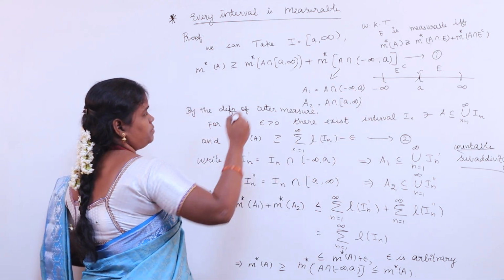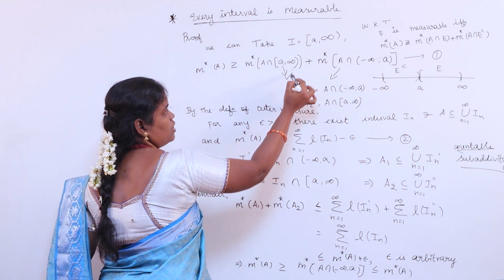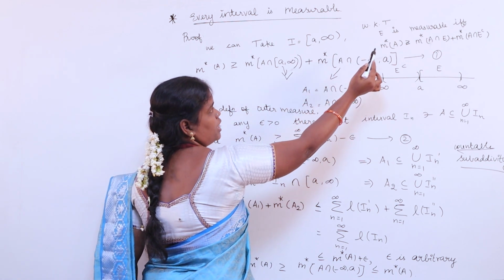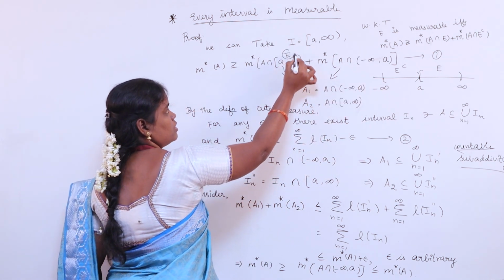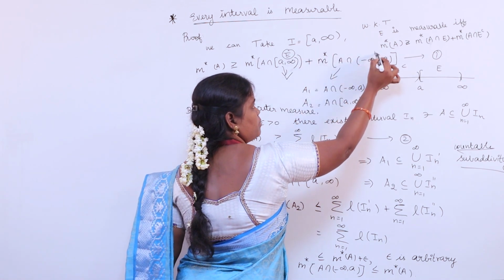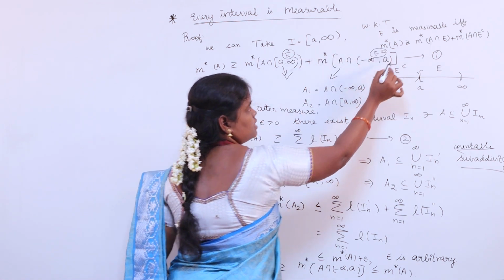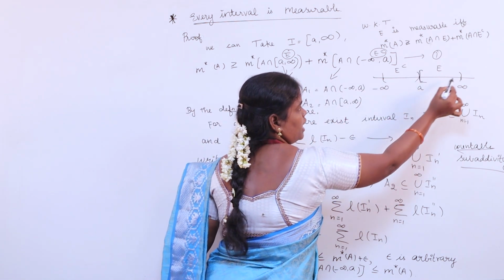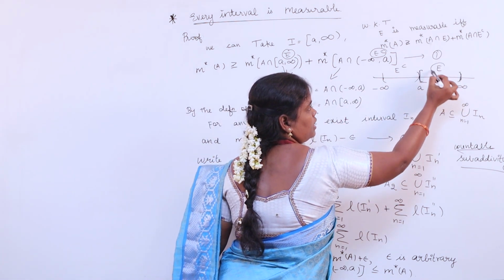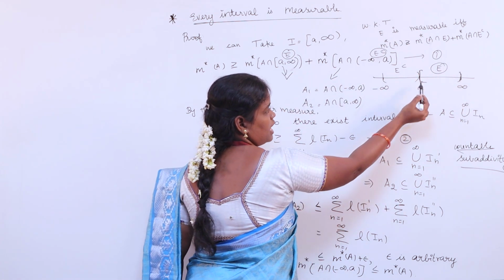That means you take this interval. By the definition of measurable, the second term is the complement. So for the interval A comma infinity, this is E, and E complement means the set other than that.